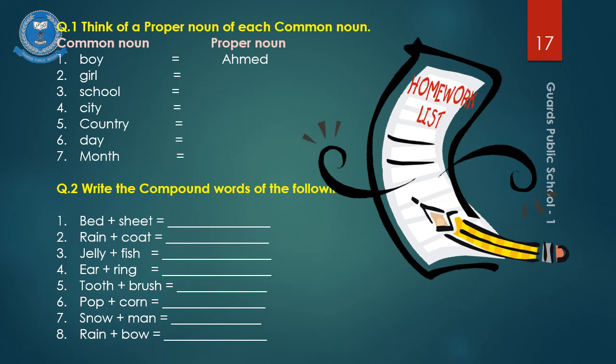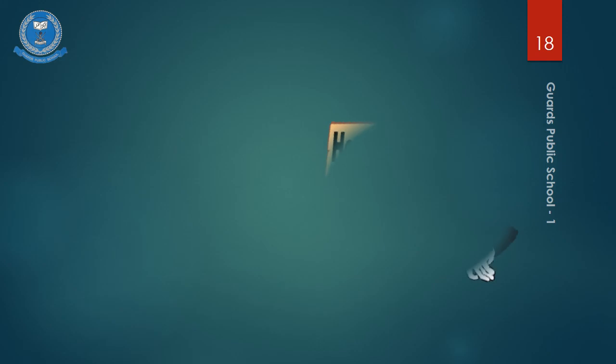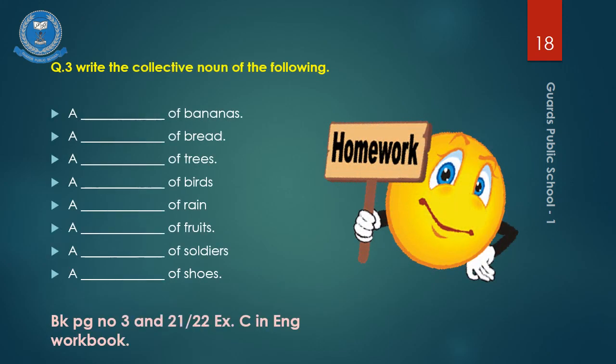Write the compound words of the following. It is the same as you have seen in this lecture. Question number 3. Write the collective noun of the following. You can also do book page number 3 and 21, 22 in your English workbook.